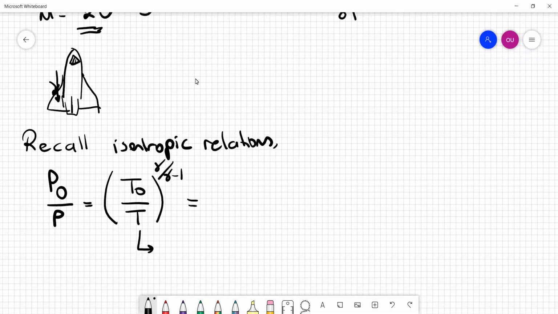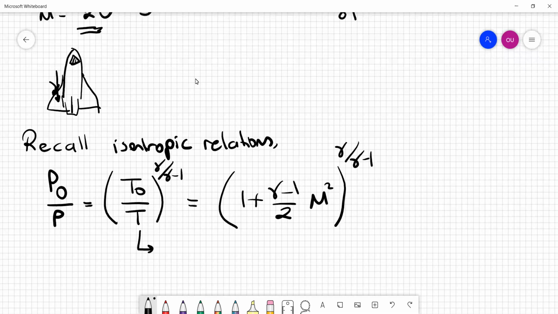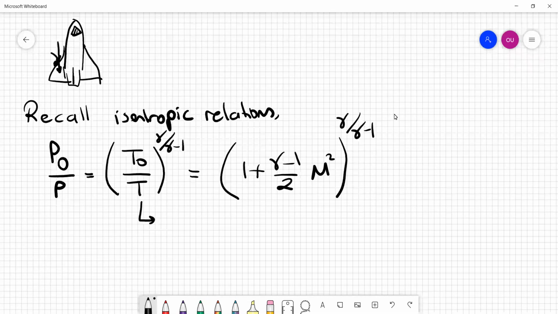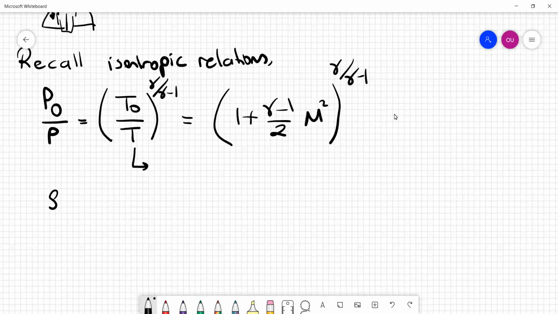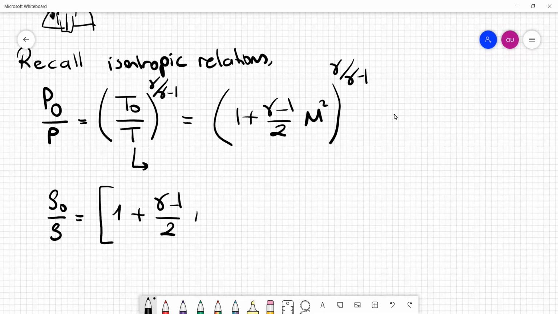So we can also write 1 plus gamma minus 1 over 2 M squared, to the power gamma over gamma minus 1. We also had an expression for stagnation density, rho 0, and I will directly write the equation from isentropic relations. This is also a function of Mach number: 1 plus gamma minus 1 over 2 M squared, to the power 1 over gamma minus 1.